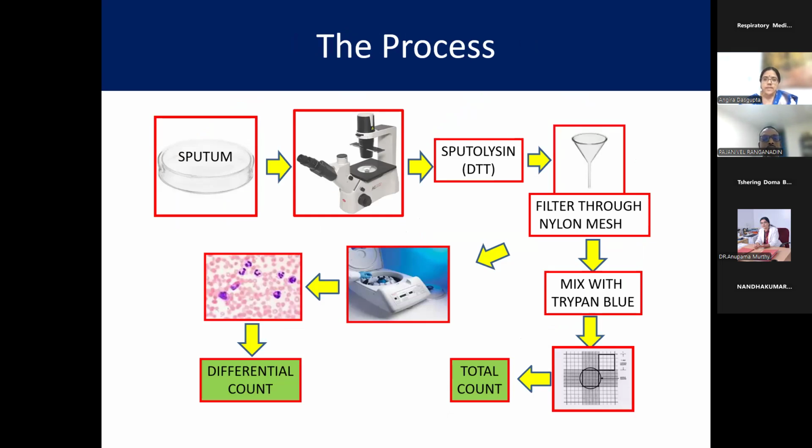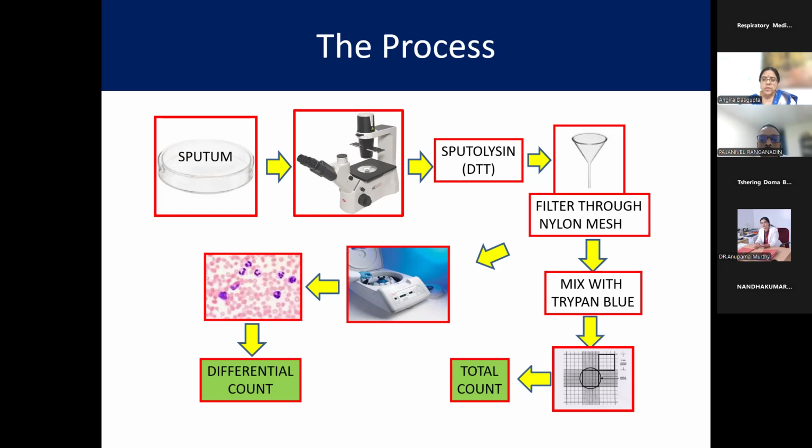Very briefly, you take the sputum in a petri dish, look into it through the inverted microscope, and take away the inflammatory portions, the portions of the sputum where the inflammatory cells are. Add sputolysin, filter through a nylon mesh, and divide the filtrate into two parts.